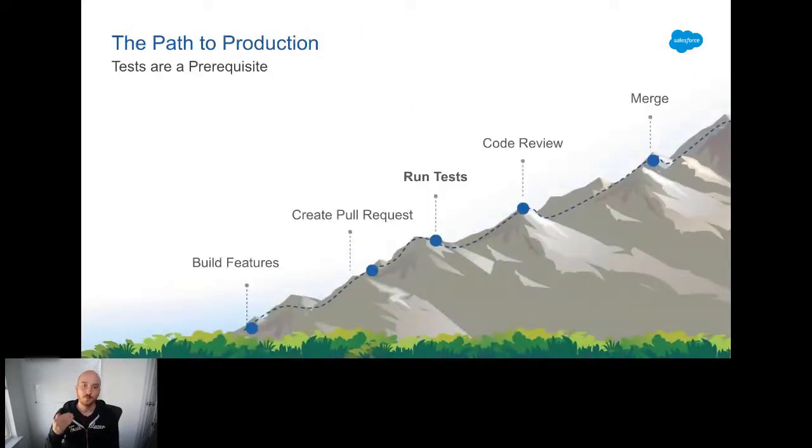The path to production has a few steps. We start off in a sandbox or a scratch org, and we'll build the features that we're interested in. Now, a quick check in the chat, I'll keep my eyes peeled for it: is anybody using source control and doing a full-blown DevOps pipeline? Just add a little +1 or yes I am or whatever you need to in the chat.